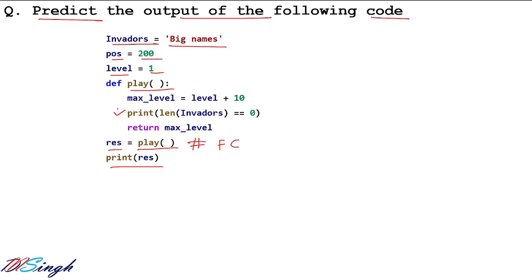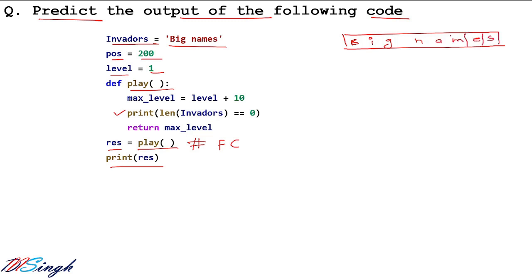Remember that the number of outputs present on the output screen or terminal window will always depend on how many print statements you have. So let us see what is going to happen. We have this invader variable which has these values inside it. Let us make a diagram of it. So it is like this: big and then space NAMES.